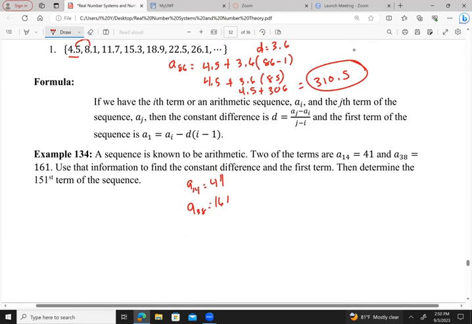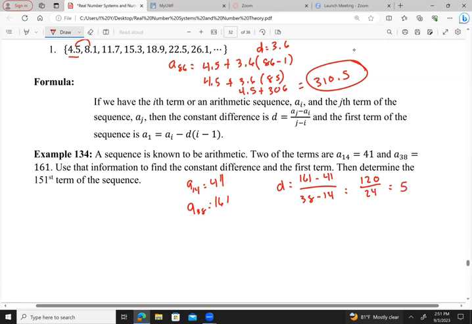So we start with D equals a sub j, 161, minus a sub i, 41, over j, 38, minus i, 14. So I have 120 over 24, which is 5.